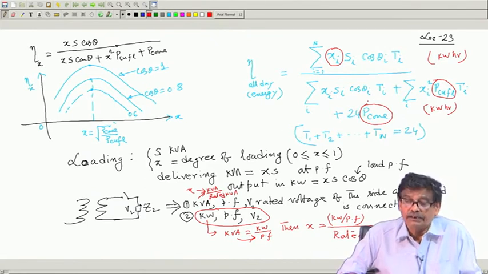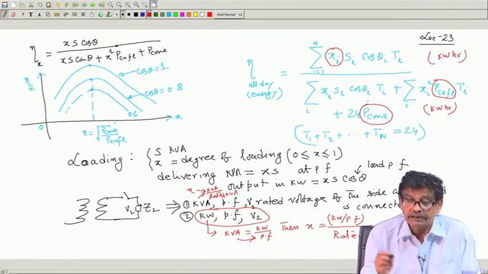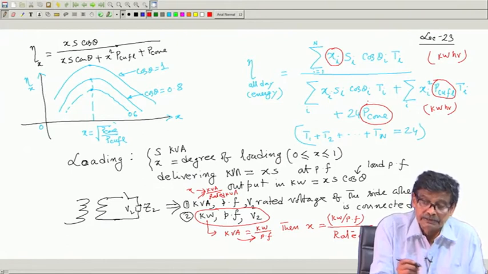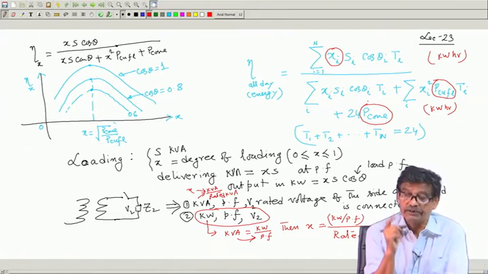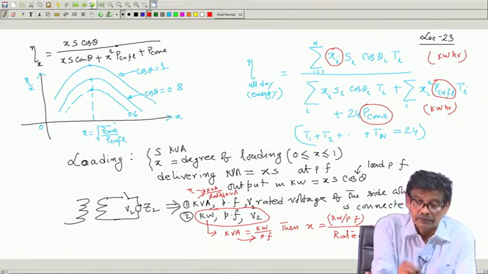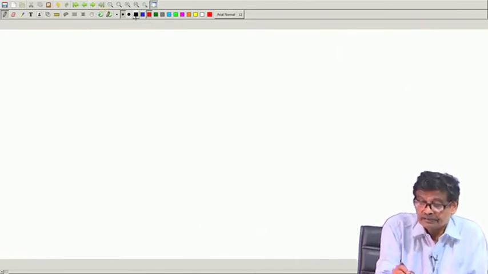Now, what I will do is I will try to calculate another important thing, that is called regulation of a transformer. So, next topic is regulation.